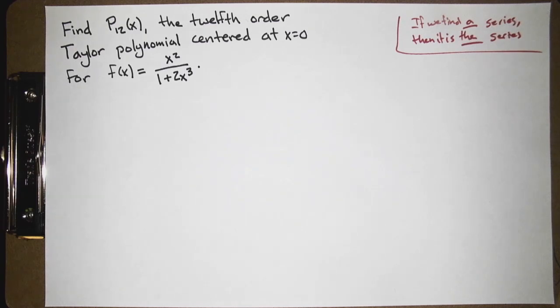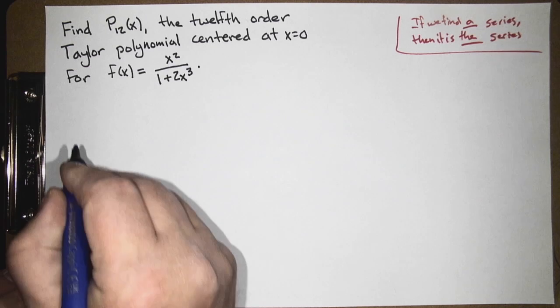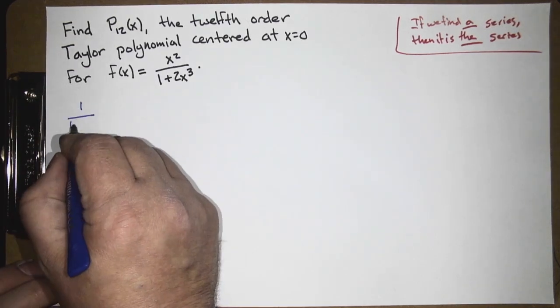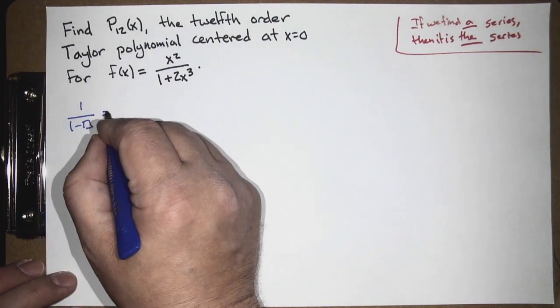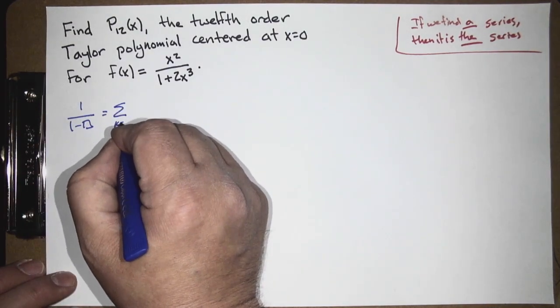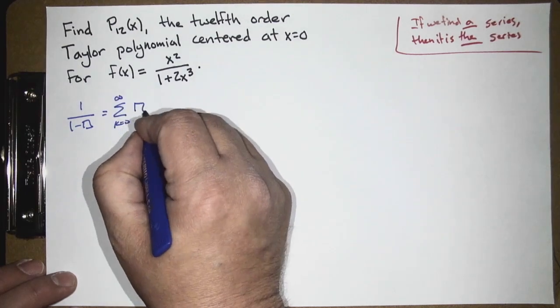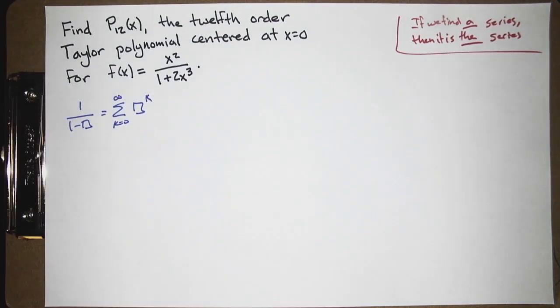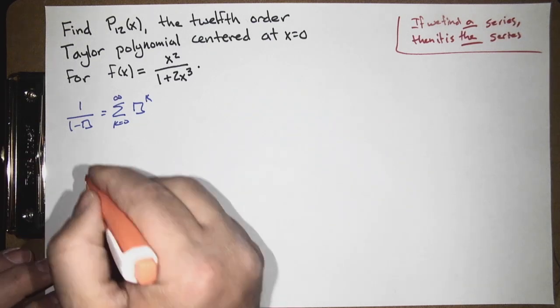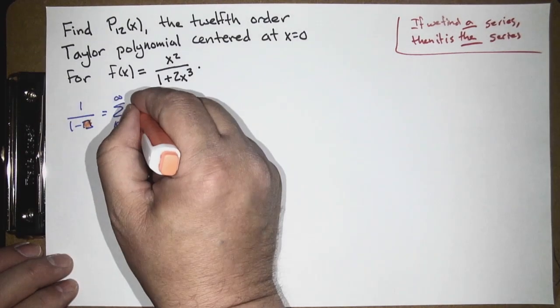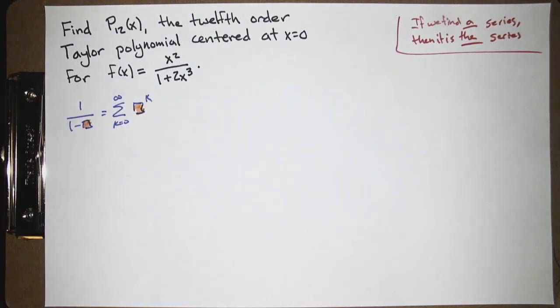Geometric. Let's remind ourselves of geometric. So geometric says 1 over 1 minus something is the sum of something to the kth power. So that's just the generic way to write geometric as a series. Now, the x squared on the top, we're perfectly fine with that.